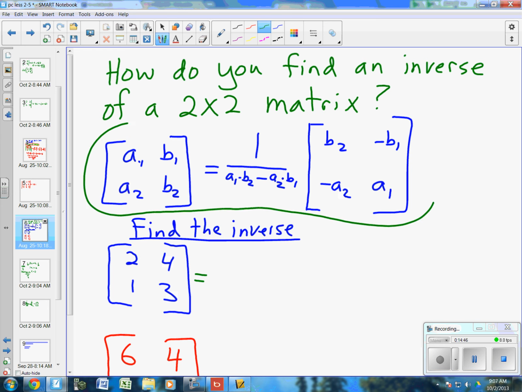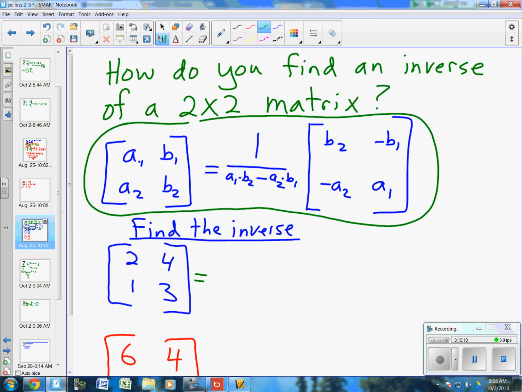This is the formula for finding a multiplicative inverse. A1, B1, A2, B2 is equal to 1 over the determinant. You guys notice that A1 B2 minus A2 B1 is the determinant? Multiplied by switching a couple of these elements around.